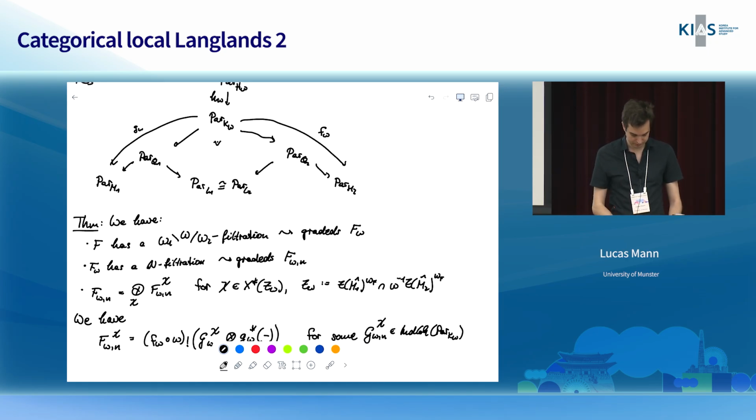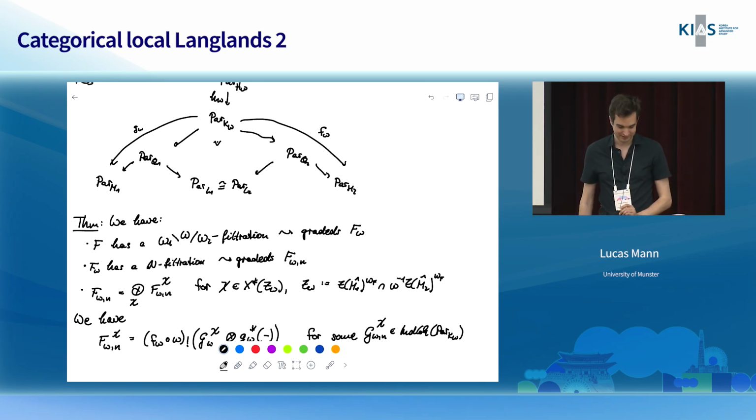They're computed in terms of pulling from M1 all the way up to K_W, then twisting by some weird sheaf G_{W,N,χ}, and then pushing down. Best case scenario is this G_{W,N,χ} is just trivial, and then pulling and then pushing is just the same as the functor that we actually care about. Unfortunately, that's not what happens. Even after decomposing in 3 steps, these things are still not trivial.